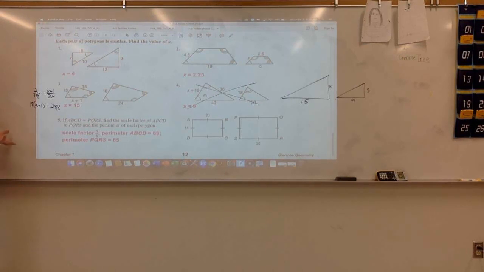So I could distribute the 18, or I could actually just divide both sides by 18 at this stage. Either way you want to do it. I'm assuming your natural instinct would be to multiply the 18 through, but this way will actually save you a step, I think. So the 18s over here would cancel. You get x plus 1 equals 16. Subtract the 1, and we get x equals 15.